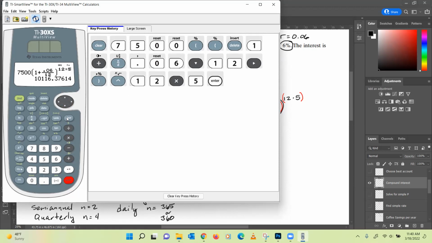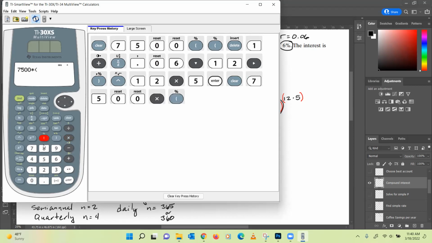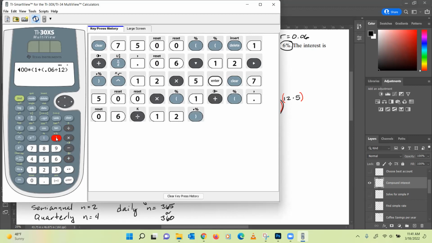Like I say, sometimes I can't quite enter it that way. Maybe I would do 7,500. I may even have to hit the times first, depending on the calculator. I can do 1 plus open parenthesis 0.06 divide by 12, close the parenthesis for that little r over n fraction, and then close the parenthesis for the 1 plus that fraction.